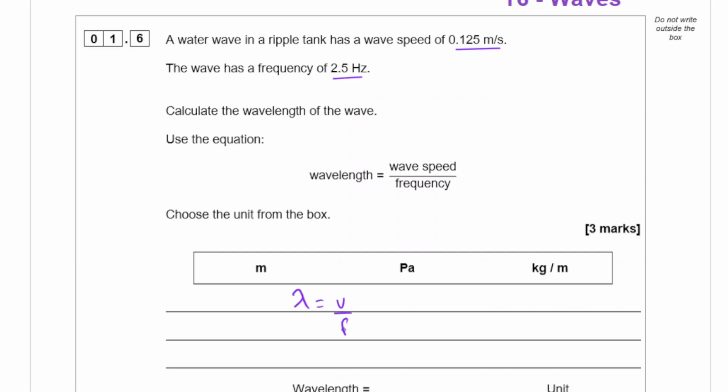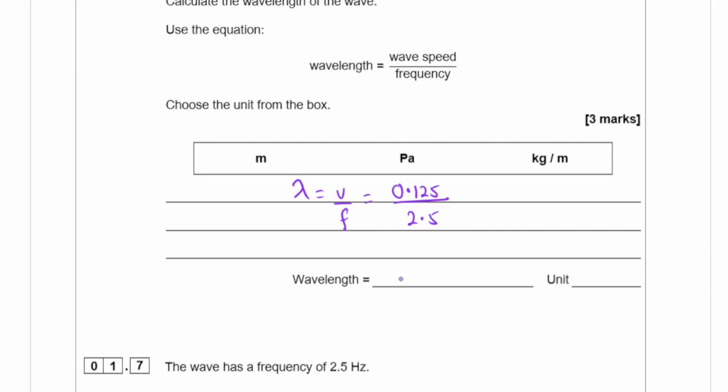Let me write the symbols. So wave speed is 0.125 divided by 2.5. Now that would give me 0.050. The unit for wavelength is going to be meters. Pa is for pascals for pressure.